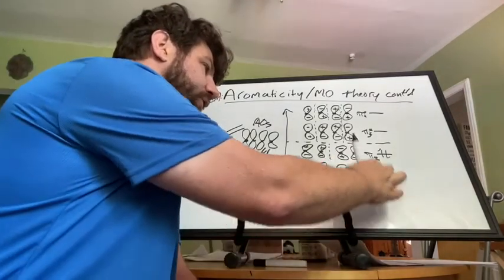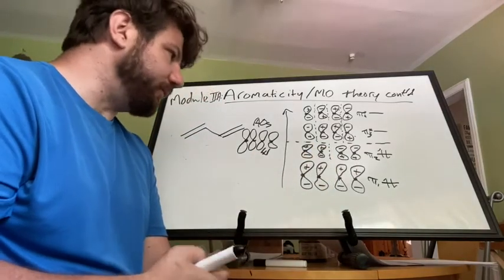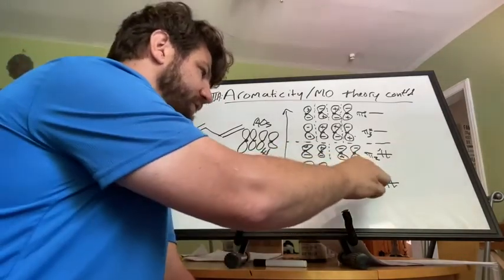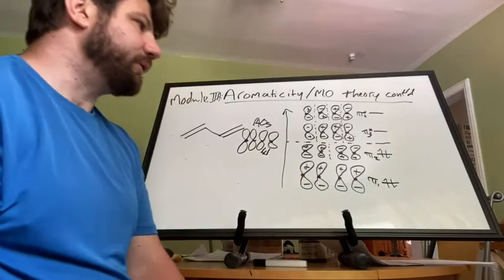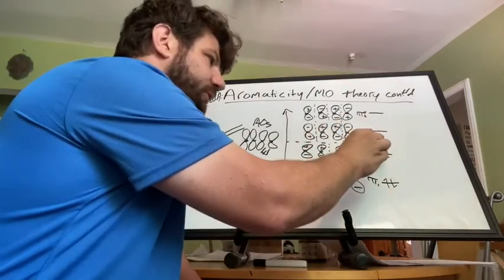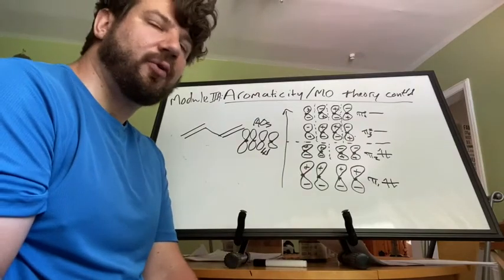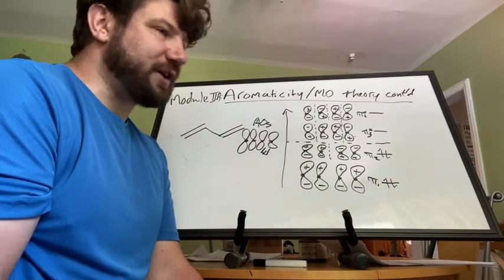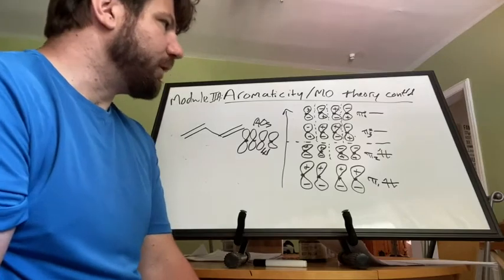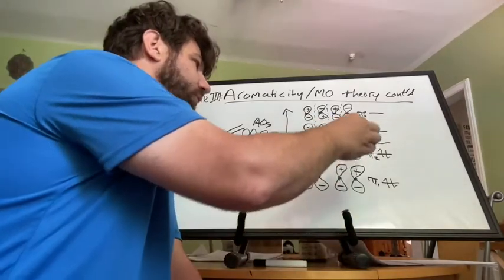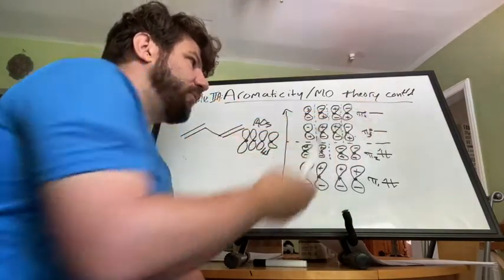Okay, so there can only be 2 in a particular subshell. In this case, pi 1, pi 2, right? So pi 2 is where you're going to see the highest occupied molecular orbital. The lowest unoccupied molecular orbital is going to be pi 3.